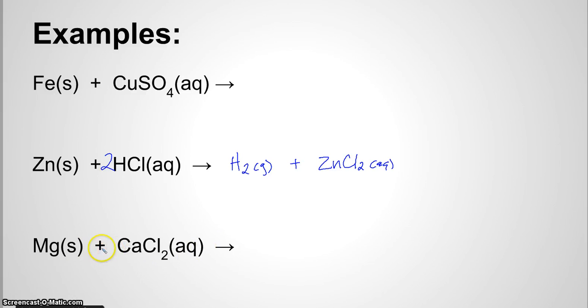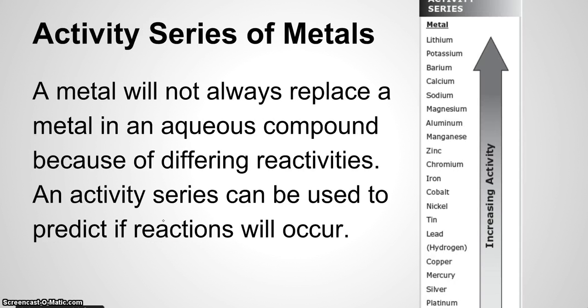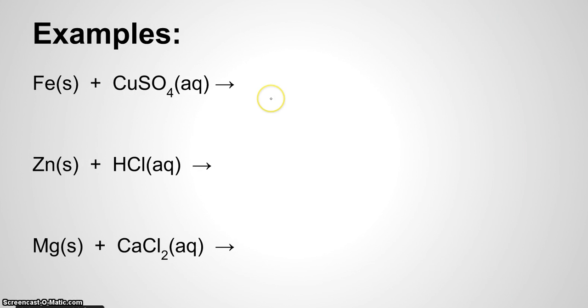All right, third example, magnesium plus calcium chloride. Okay, so will magnesium replace calcium? Well, we need to go back. Let's see. So here's magnesium, and calcium is above it. So no, magnesium will not replace calcium because it is less reactive.